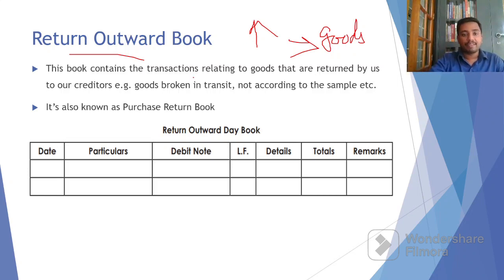This is related with the purchases returns, so it is also known as the purchases return book. This is the format of the return outwards book. Here the name of the supplier, the total value of the goods which is returned, all these things will be recorded into the return outwards book.